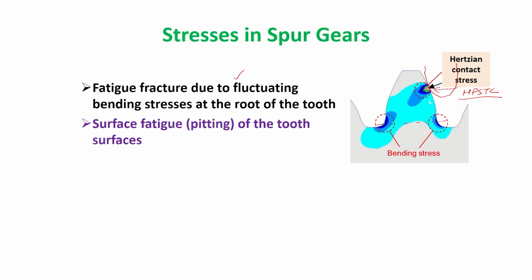These are also fluctuating because when the gear tooth is under contact, they will be there, and when the gear tooth disengages, they will become 0. So, the second type of stress which acts on the gear tooth under engagement is Hertzian contact stress, which produces surface fatigue, also called the pitting of the tooth surfaces.